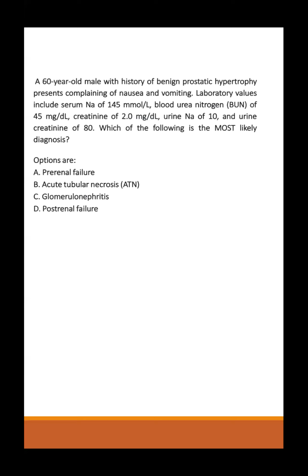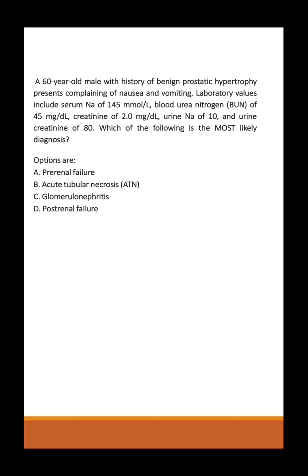Dr. Donilla, first of all, you read the question: the patient has a history of BPH, right? And the patient is complaining of vomiting. You are a doctor managing the case. Sodium is within normal limits, blood urea nitrogen is 45, creatinine 2 means a higher level because normal is 0.8.